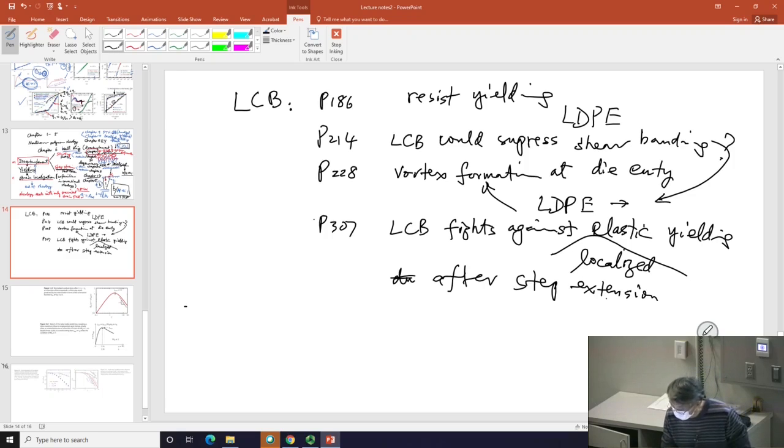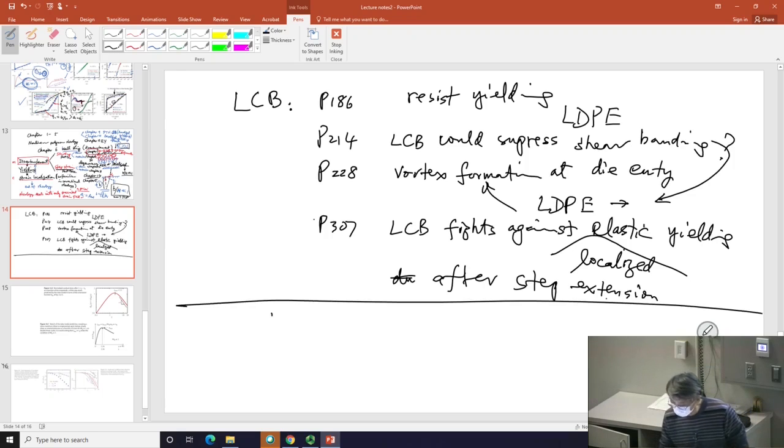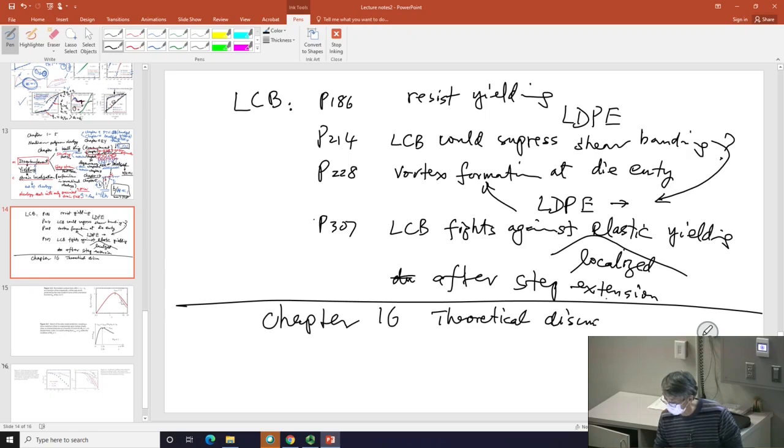So with that, let's formally start chapter 16. Of course, it's an essential chapter, it's basically theoretical discussions. We're going to discuss how to understand the phenomenology that we covered in chapters 6 to 15.